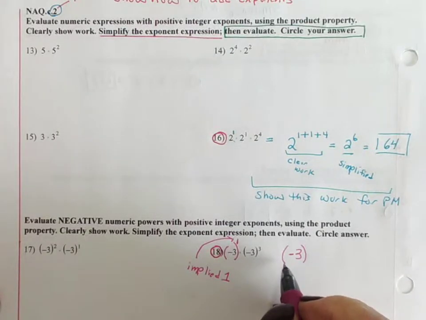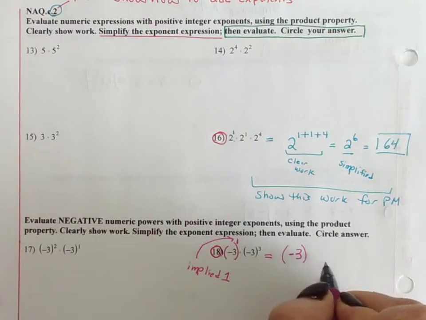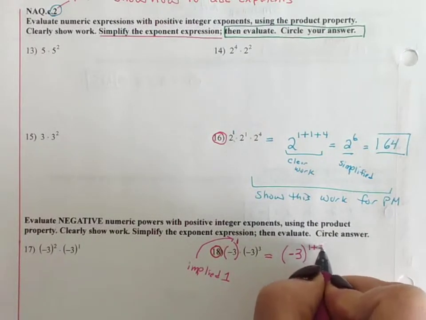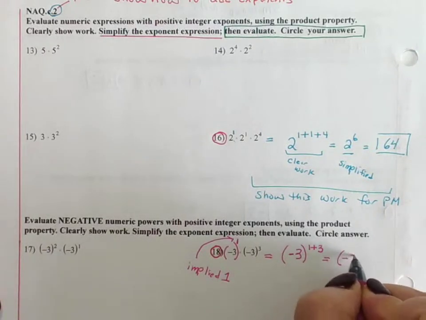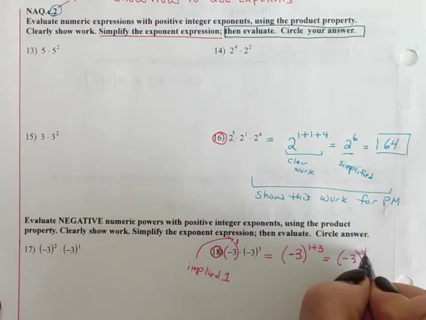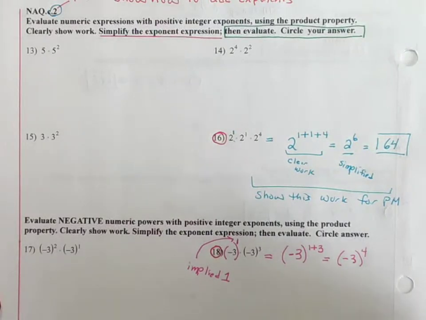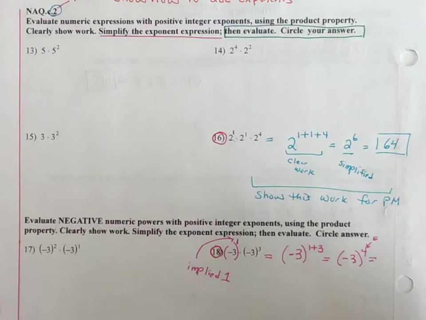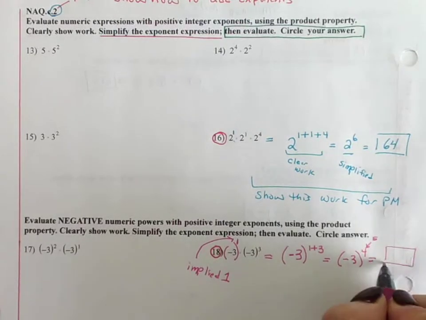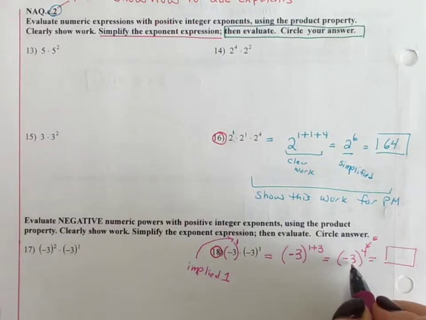So -3, use equal signs, 1 plus 3. Don't forget your parentheses, -3 to the 4th. We know the answer. This is even, so my answer is going to be positive. 3 times 3 is 9, times 3 is 27, times 3 is 81.